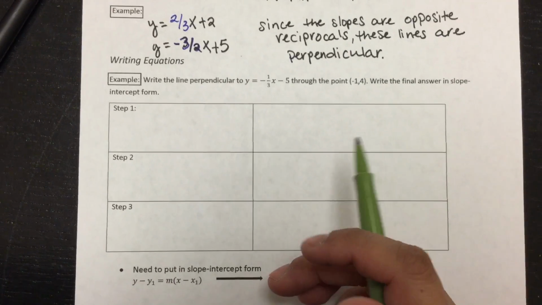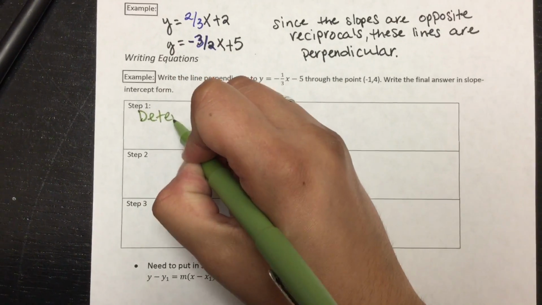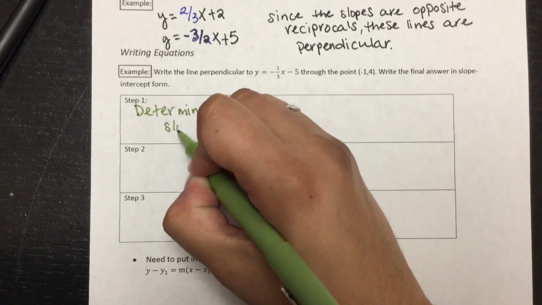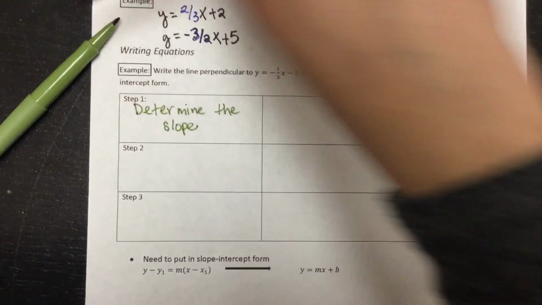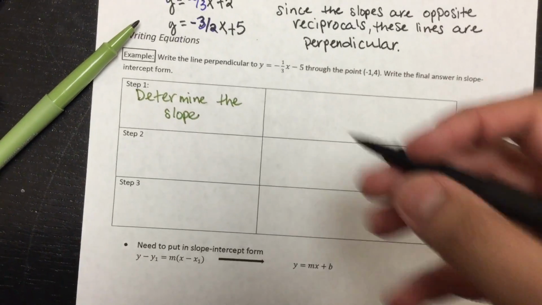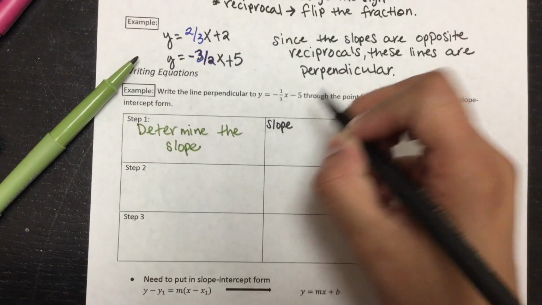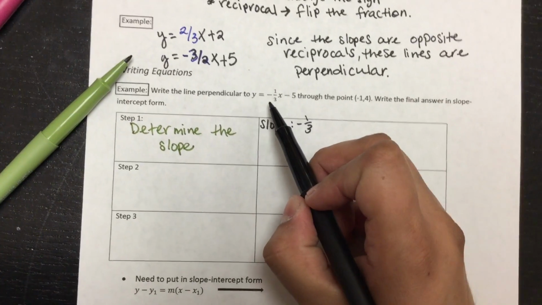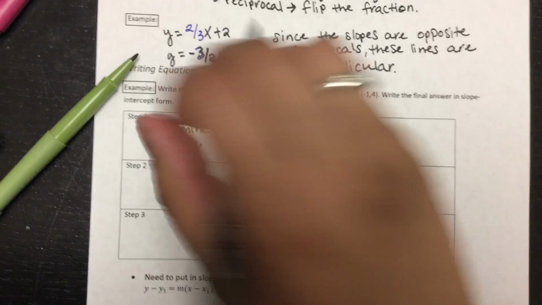So there are 3 steps to go through this process. Step 1, you need to determine the slope. So if our current slope is negative 1/3, because it is the coefficient of x, slope is negative 1/3, we got to find the opposite.